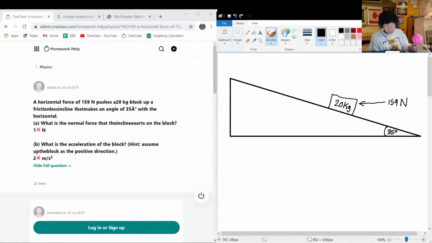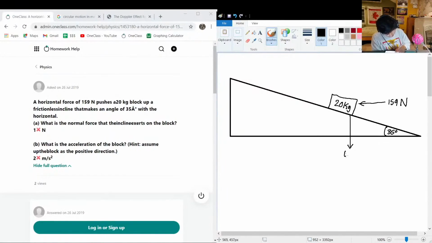And let's actually draw a free body diagram of this situation, or let's draw the other forces of interest here. So we know that this 20 kilogram block is heavy, and with the power of gravity, things fall. This 20 kilogram block is definitely going to have a weight force of gravity.